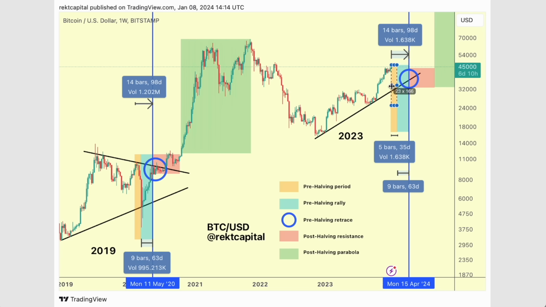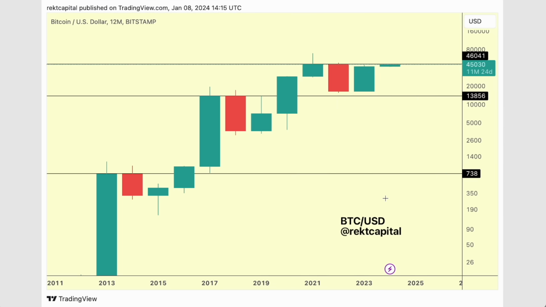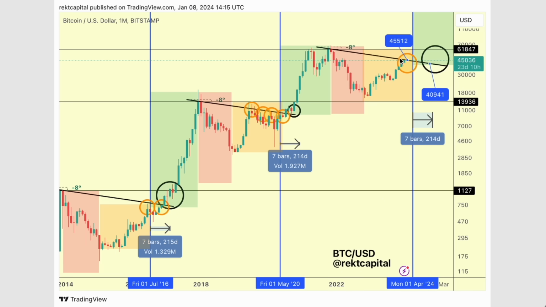And we also have that 30 to 35, 40-day period where a deeper retrace could occur. And we've seen this in the past. I spoke about this in yesterday's video, so feel free to check out that one. But we're running out of time when it comes to the pre-halving retrace. If we talk about this period here, we only have 100 days left.